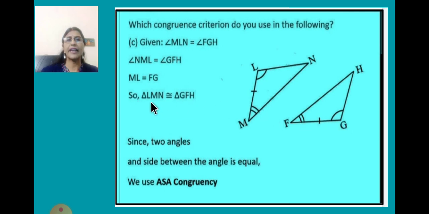And they have given triangle LMN is congruent to triangle GFH. Now you have to just find out the congruence criterion. Since two angles and the side between the angles are equal, we use ASA congruence rule here. So this also you can write down in your textbook.